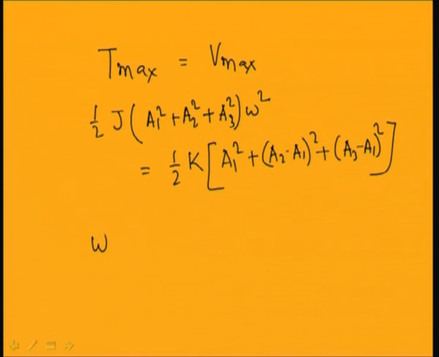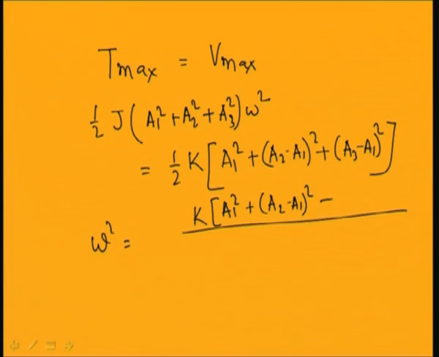So I can divide, this half will get cancelled. So omega square will be equal to k times A1 square plus (A2 minus A1) square plus (A3 minus A1) square, divided by A1 square plus A2 square plus A3 square times J.